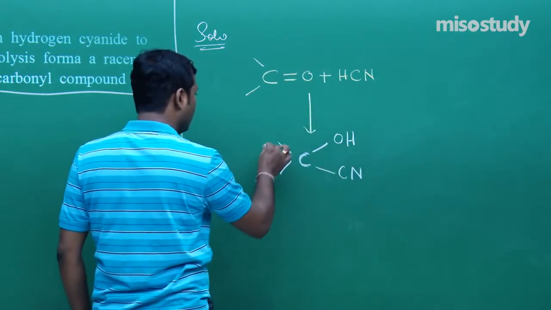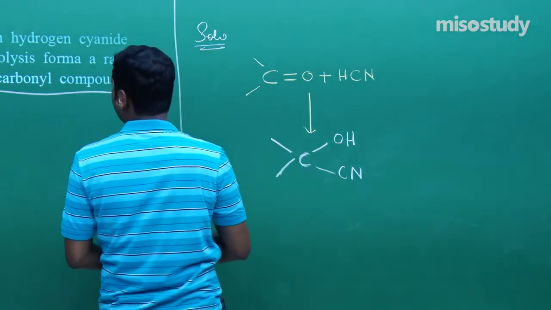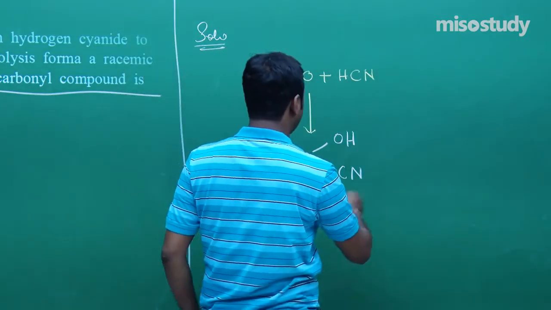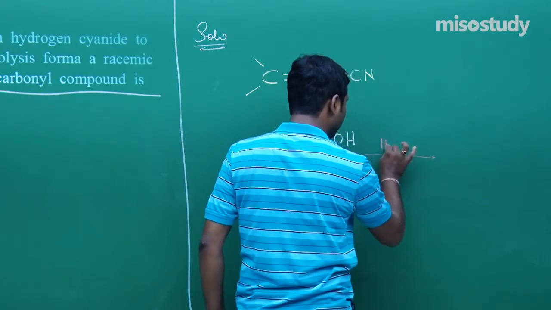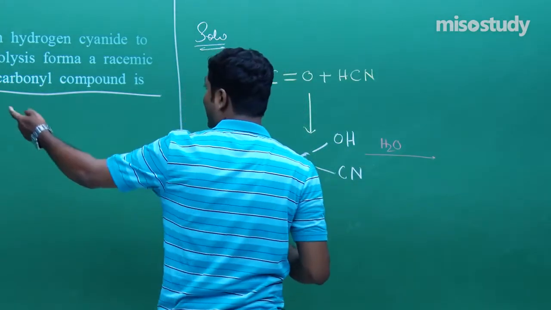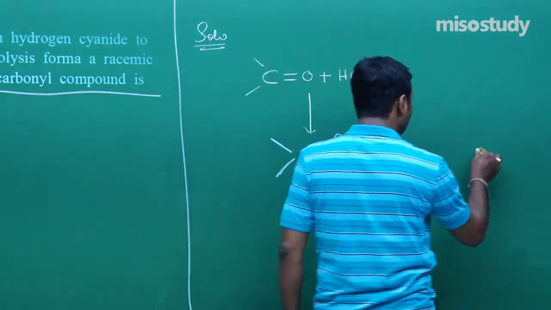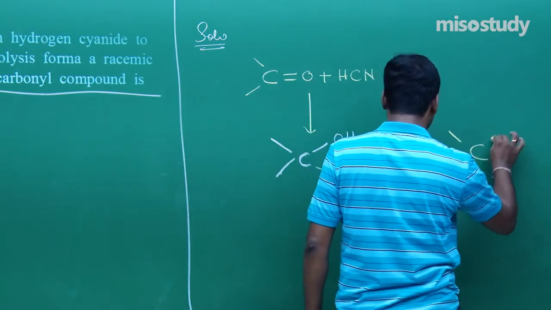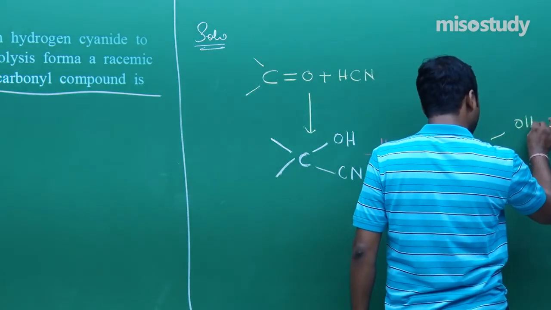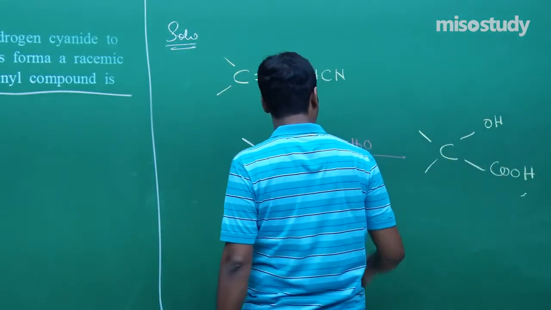Clear to you? OH and CN. Okay, now on hydrolysis, there are two situations. Complete hydrolysis gives alpha hydroxy acid, partial hydrolysis gives you amide. So the product here is C, OH, then C double bond OH, alpha hydroxy acid.